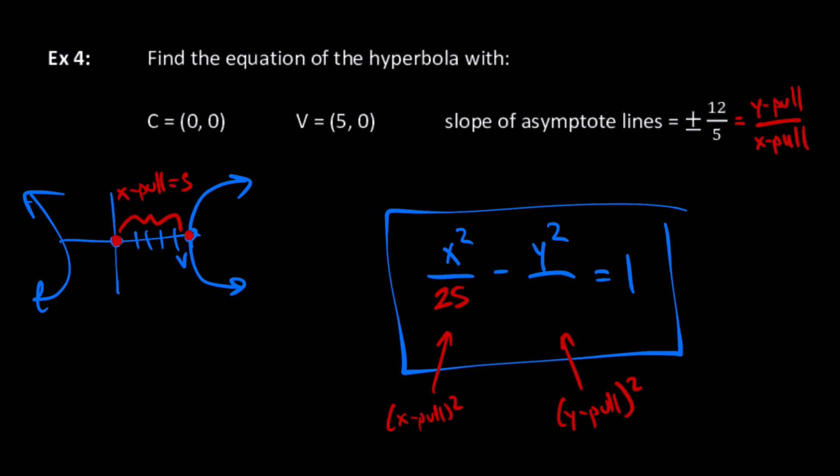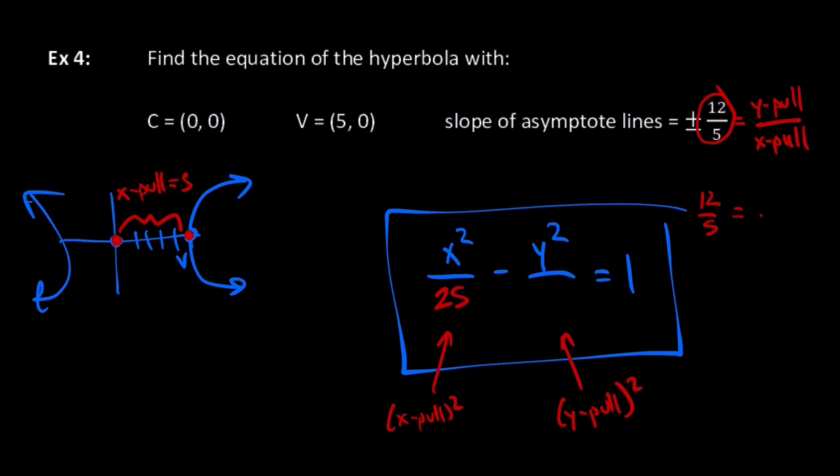Now the thing is with the slope, they could simplify this. So in this case, it's kind of easy, but what we actually need to do is create a proportion. We need to take this slope, 12 over 5, set it equal to the actual y pole, which I don't know, over the actual x pole, which is 5.